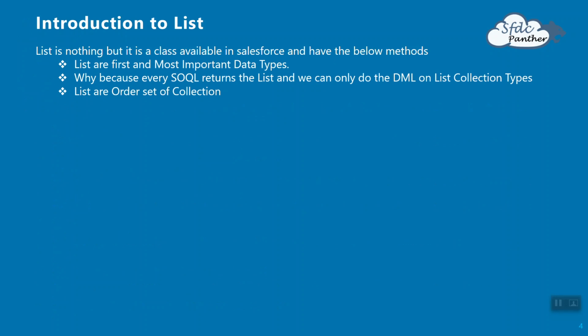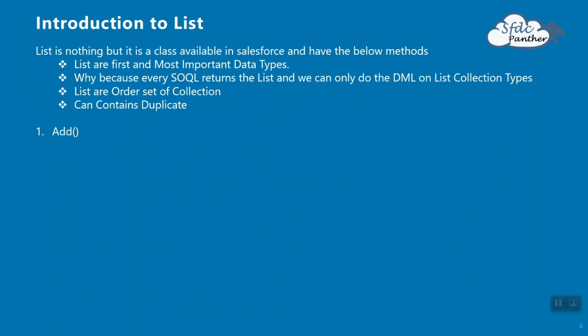And we missed one point: a list also contains duplicate elements. If I add an element apple, and then again add apple, it will let us add duplicates, and the list size will be 2, the first one apple and the second one apple as well.